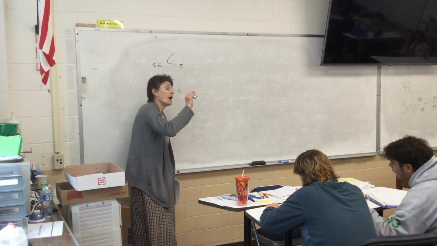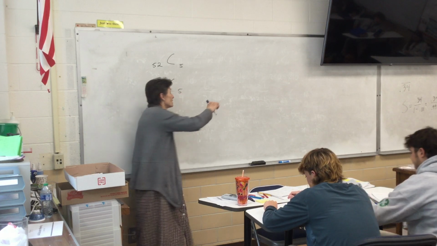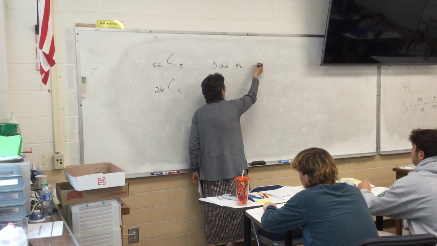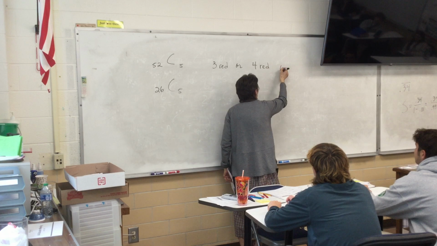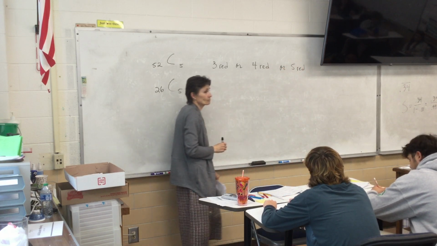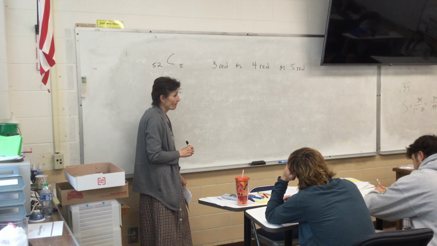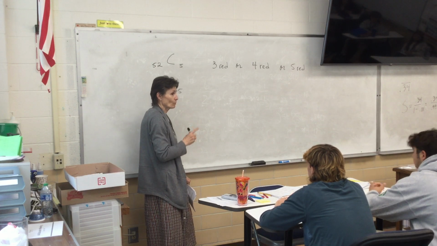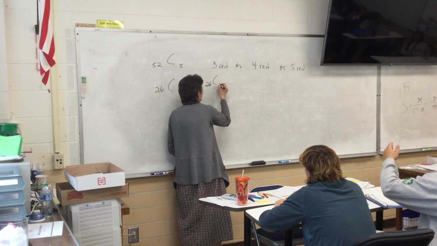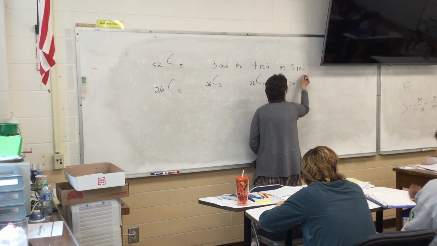Now, how many have at least 3 red? That means you have 3 red, or 4 red, or 5 red. Would you agree with me? All right, how many 5-card hands have 3 red? 26C3.